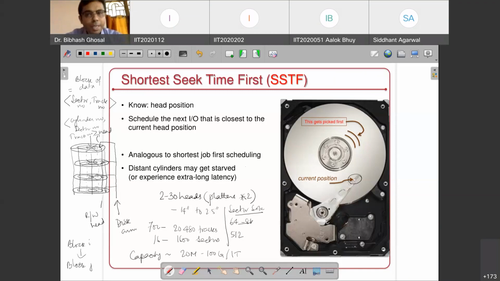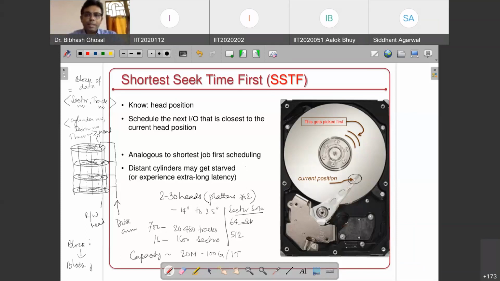Cylinder number and track number work, and yes, absolutely, you're correct, because cylinder number is nothing but a mention of the track number as a whole for all the disks. Now suppose there is a block number I, and the next block that you have to fetch is block number J. So your disk has to move, correct?